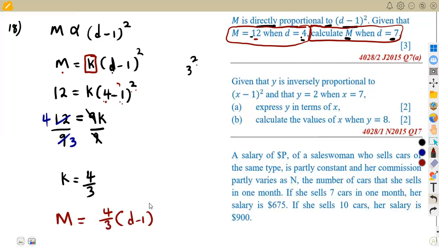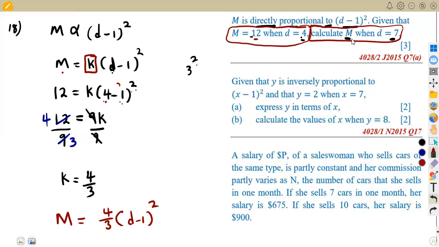We have to substitute the value of k into the given equation, so that we have a relationship between the two variables only, d and m. These are the only two variables that we see. So we can calculate whatever from this relationship.